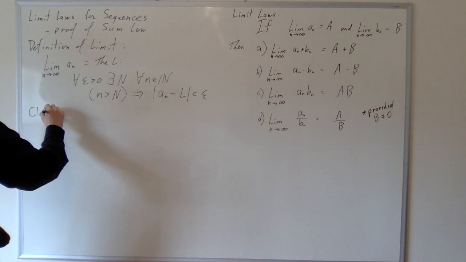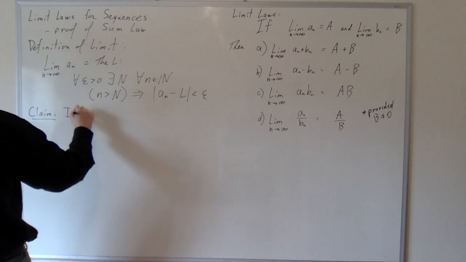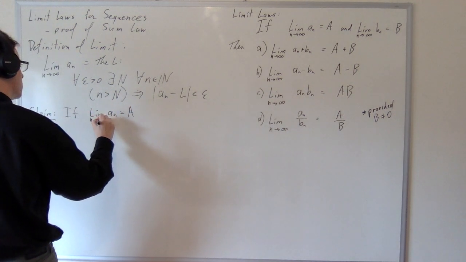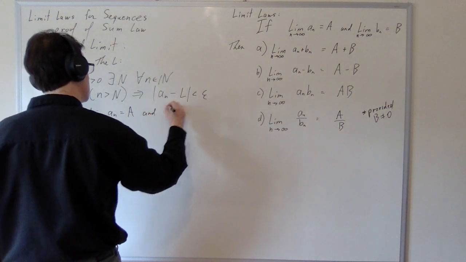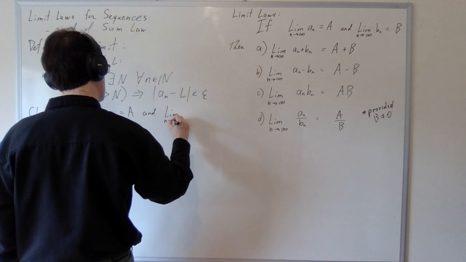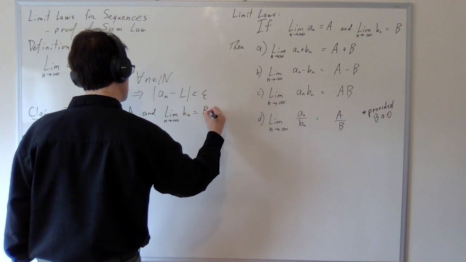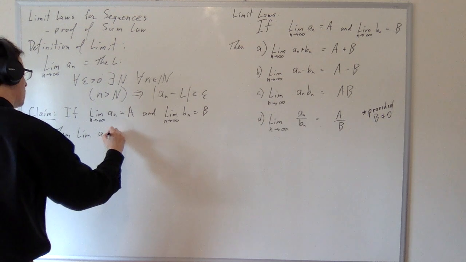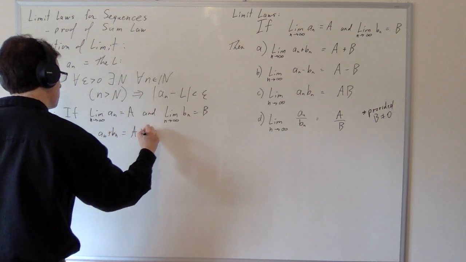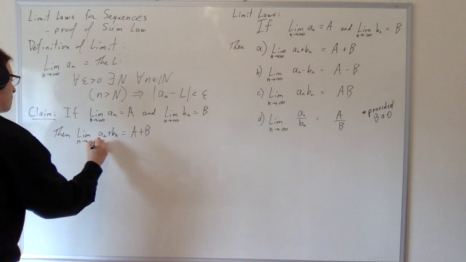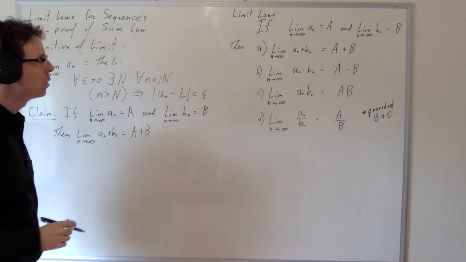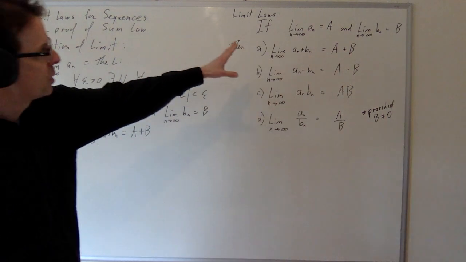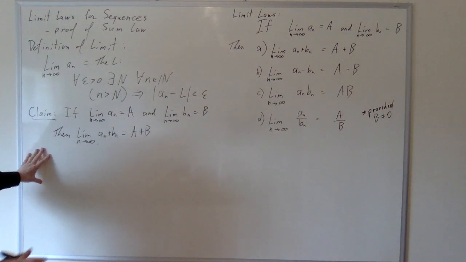So if the limit as n goes to infinity of a_n equals a, and the limit as n goes to infinity of b_n is equal to b, then the limit of a_n plus b_n is equal to a plus b. Okay, so having rephrased the sum law for limits here, it'll be safe to erase it, and we're going to begin the proof here.